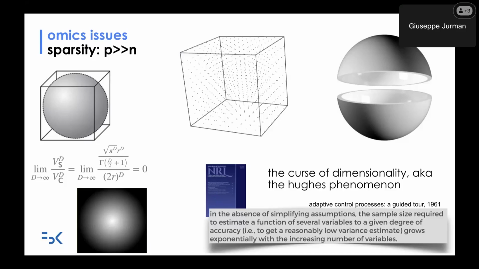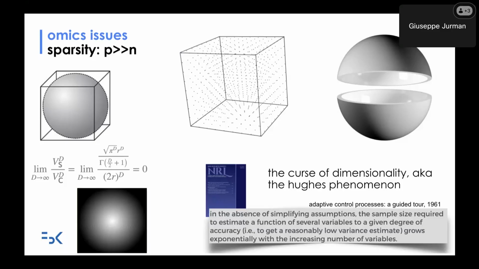So suppose you have a sphere of diameter 1, embedded in a cube of side 1. And let's try to express the ratio between the volumes of these elements.